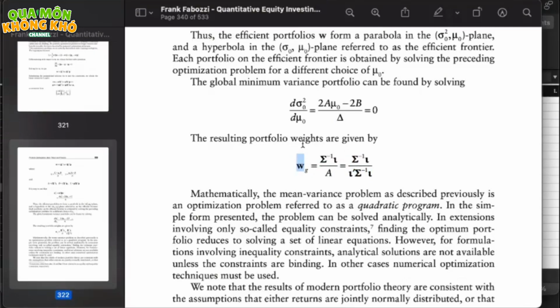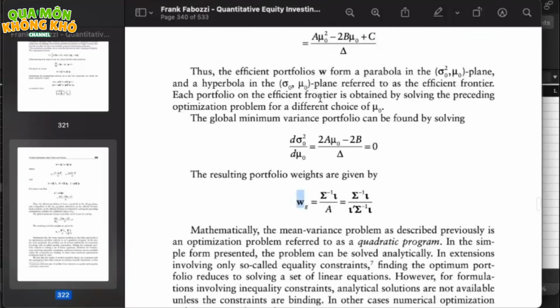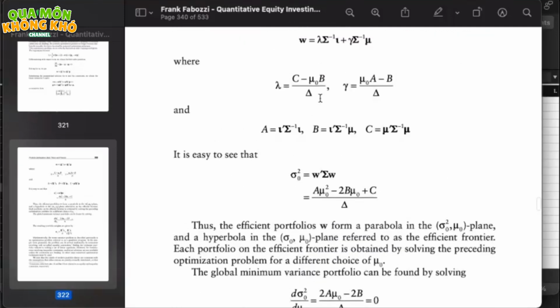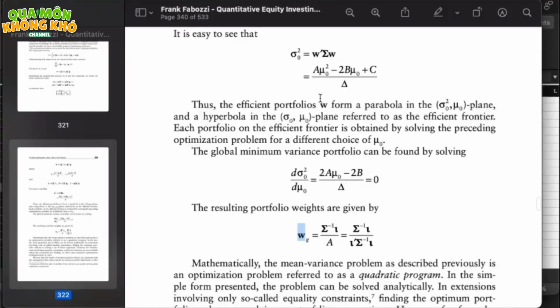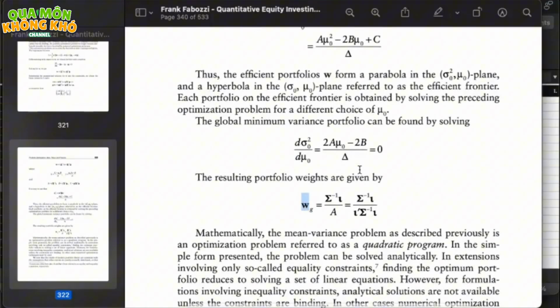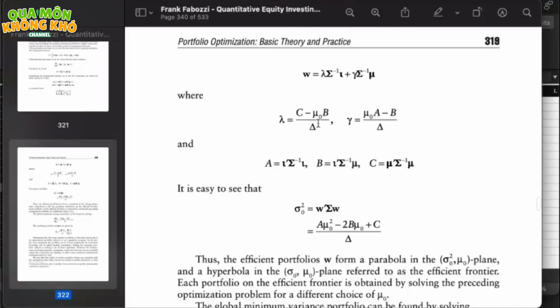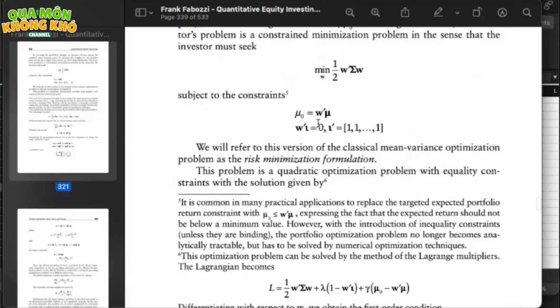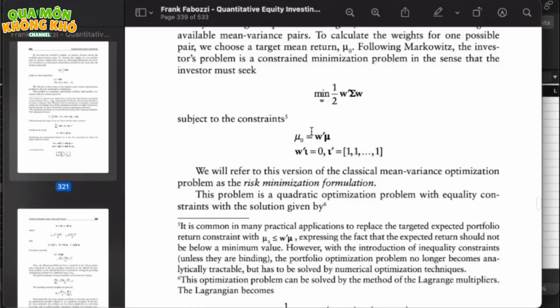So this shows how the Henry Markowitz theory figures out the minimum variance portfolio in our efficient frontier.